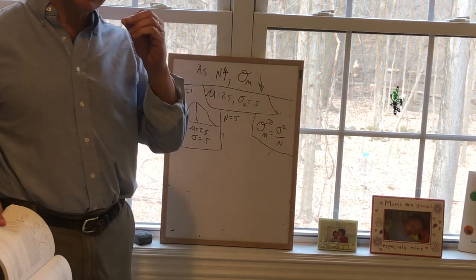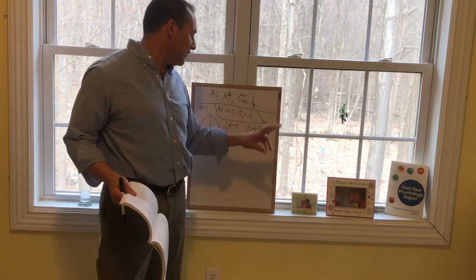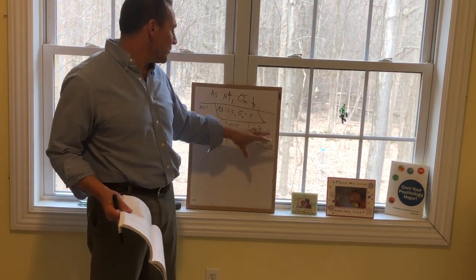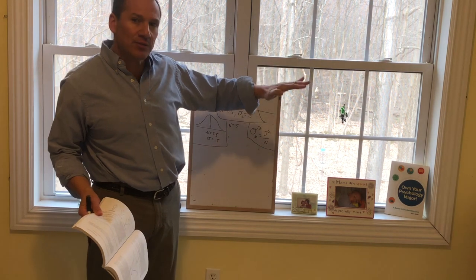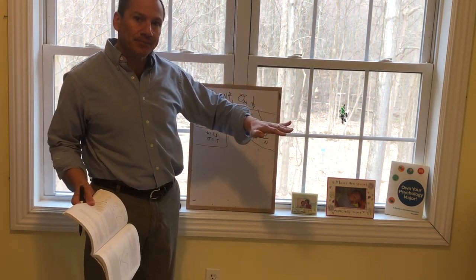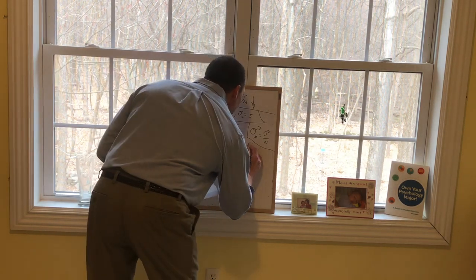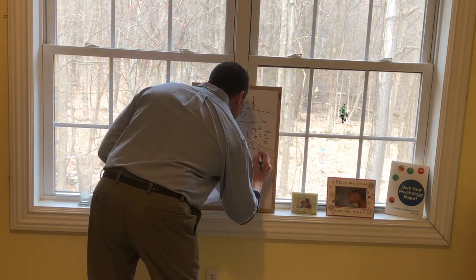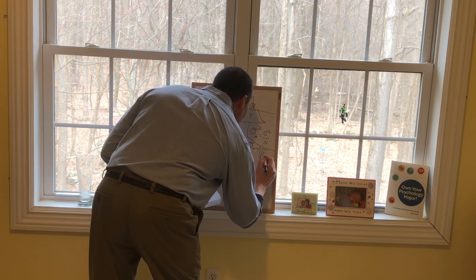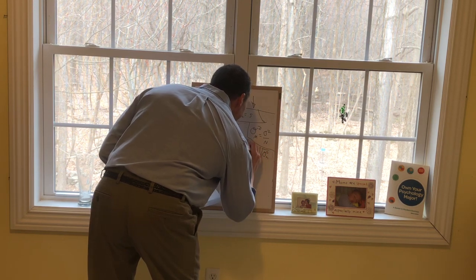So as n increases, as your denominator increases, the variance of your distribution starts to go down. And it should not come as any surprise that sigma sub M is simply the square root of sigma squared sub M.